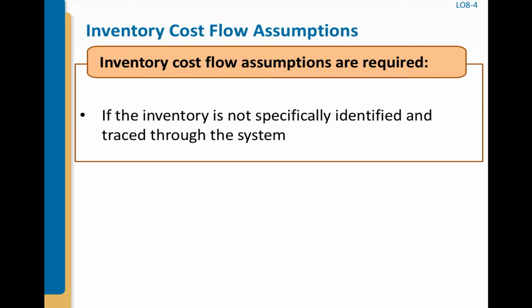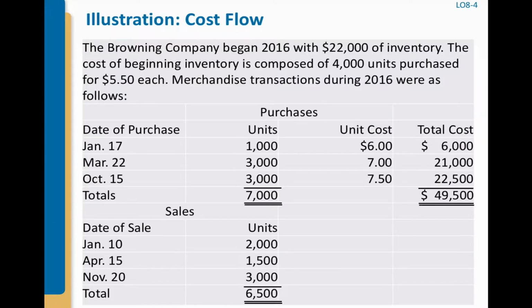Anything that's not specifically identifiable would use specific identification, but if it's not feasible or cost efficient to specifically identify each piece of inventory, then we're going to categorize it.